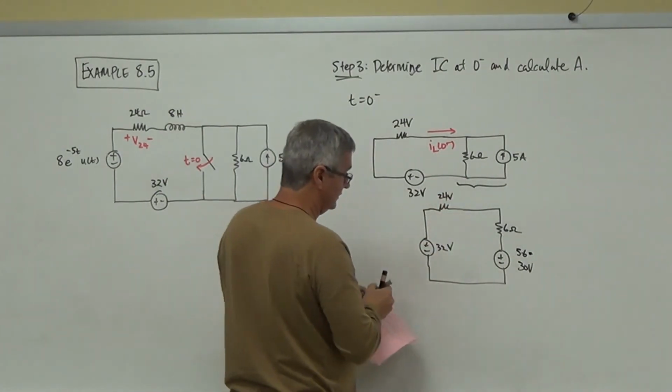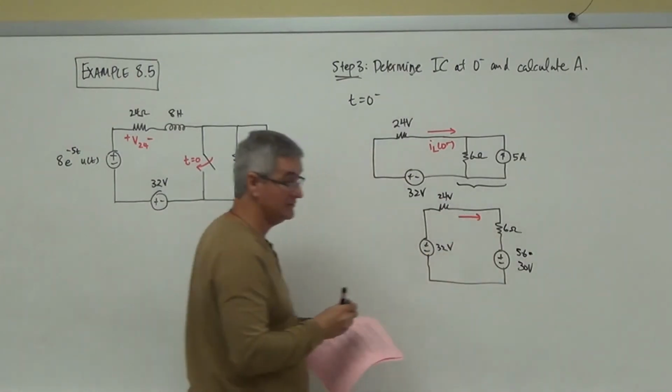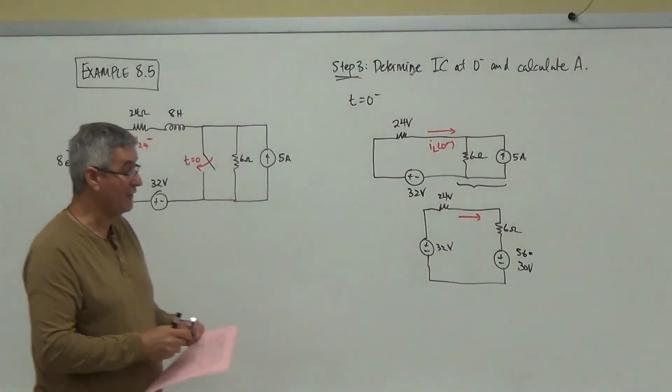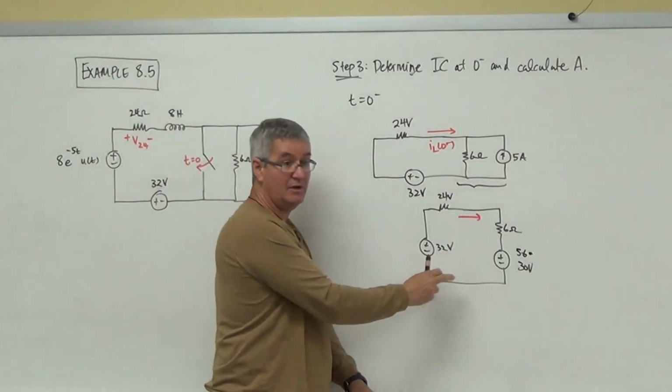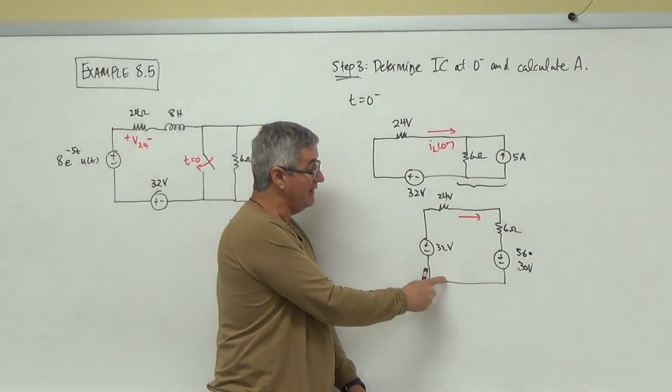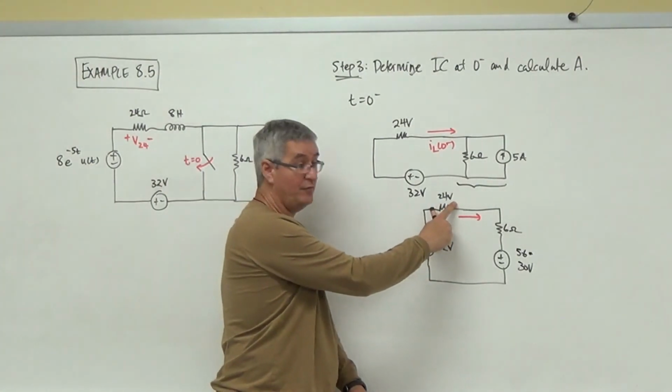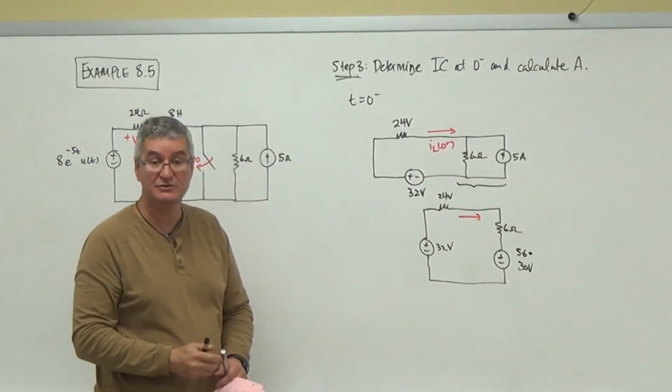So you can see that the current is definitely going to go in that direction. If I add these two sources together, I'm going to get a 2 volt source. And you can see that I got a 24 and a 6 in series, so that's a 30 ohm resistor.